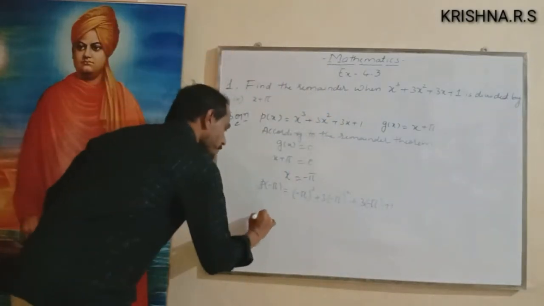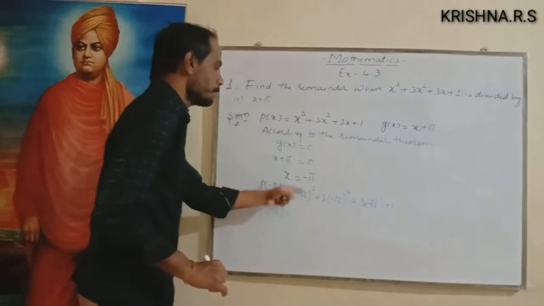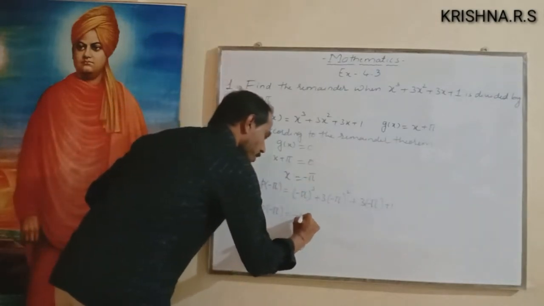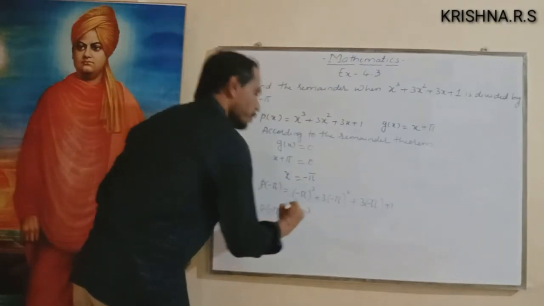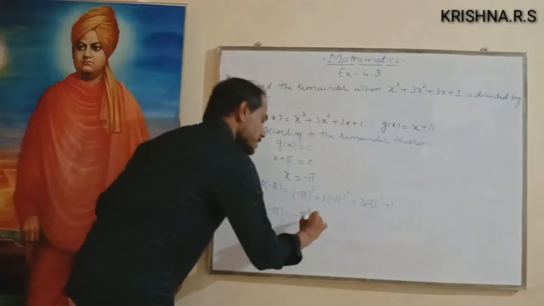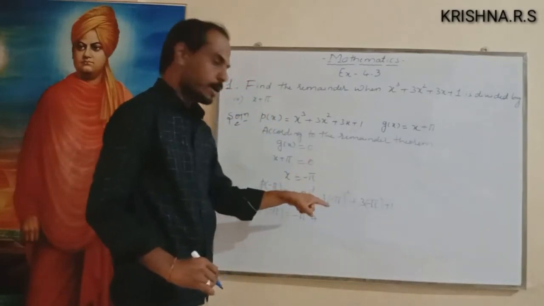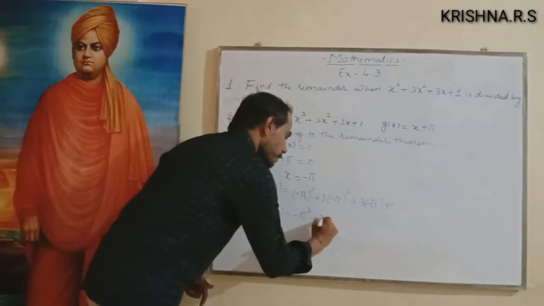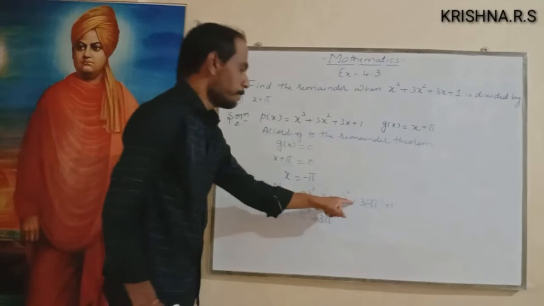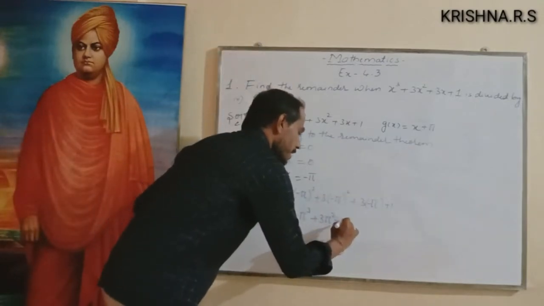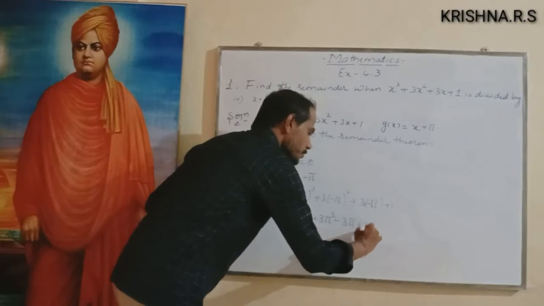Okay, p of minus pi is equal to minus pi cube; minus pi cube only. Minus cube is minus only, pi cube is pi cube. Next, plus, minus pi square is pi square, into 3 pi square, plus into minus 3 into pi, 3 pi, plus 1.